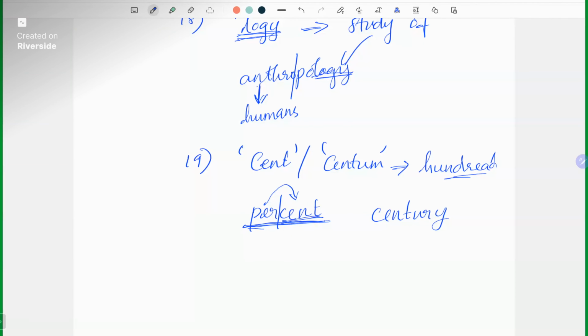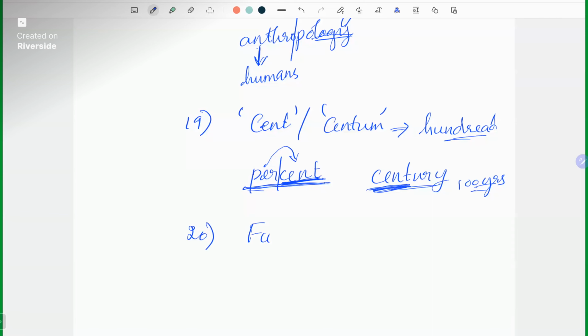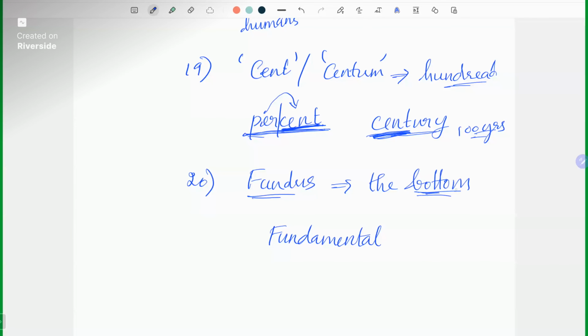Here cent has come as a suffix, here as a prefix. It can come in any way, even in the middle of a word, but the meaning remains the same. You can apply the meaning and comprehend the meaning of the whole word. Century, 100 years. Next one is fundus, which means the bottom, the basic bottom. Even foundation, the base of a building.